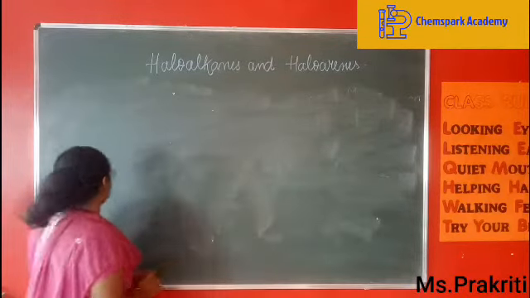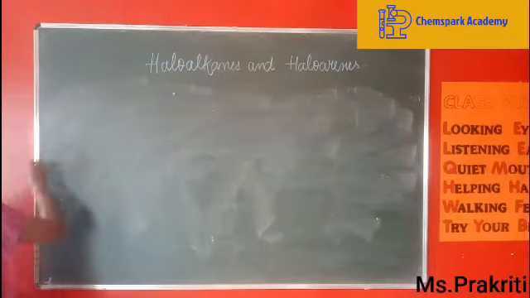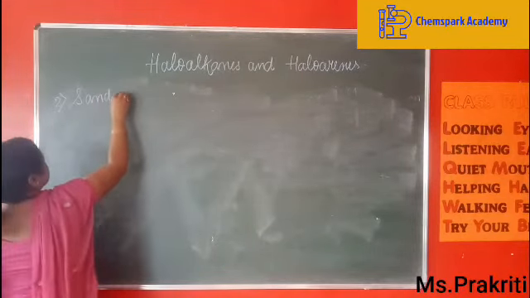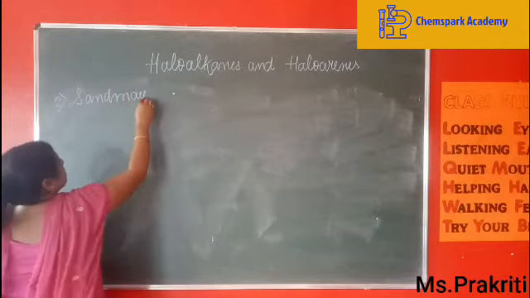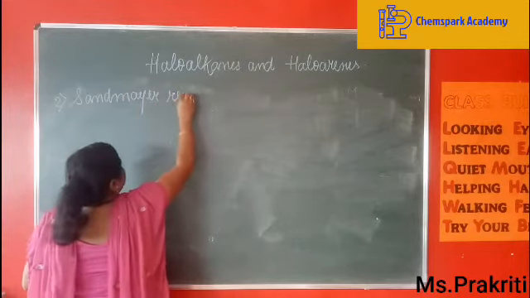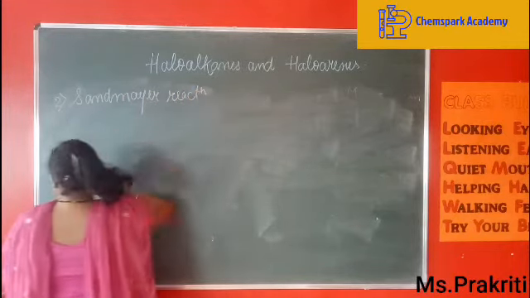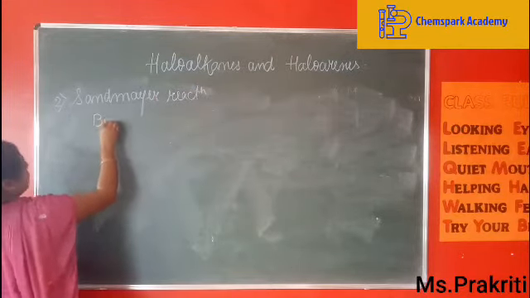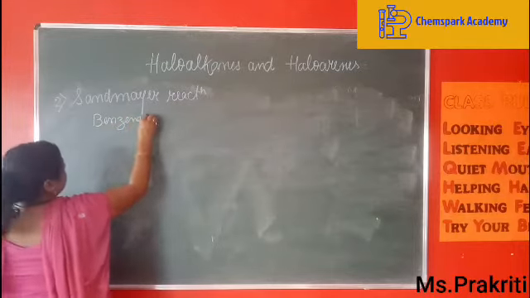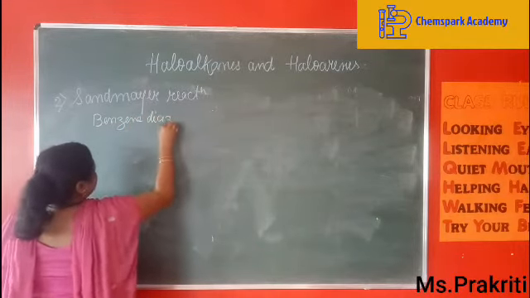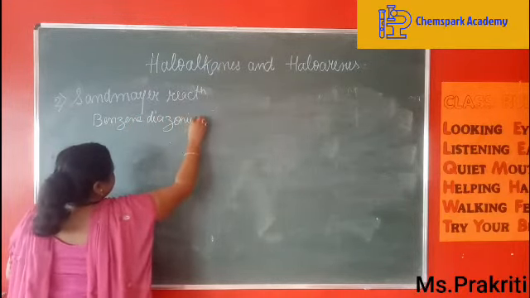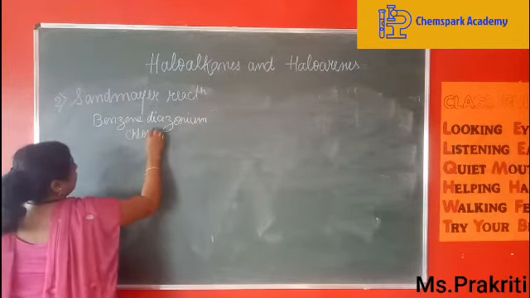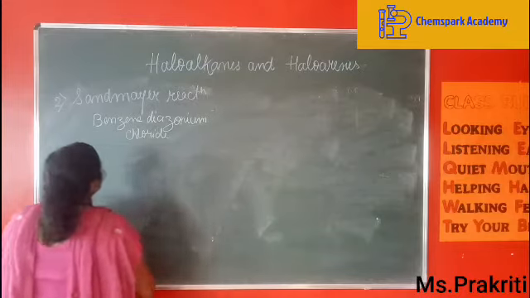The second method is the Sandmeyer reaction. Here we take benzene diazonium chloride. So if you remember the name, you can make the formula.